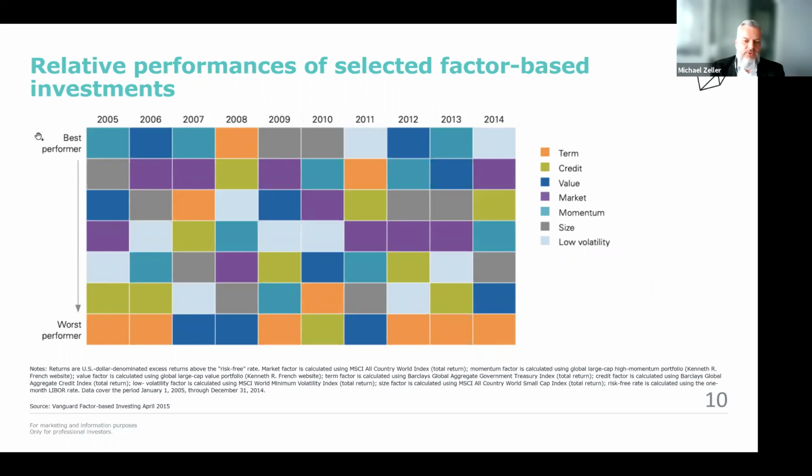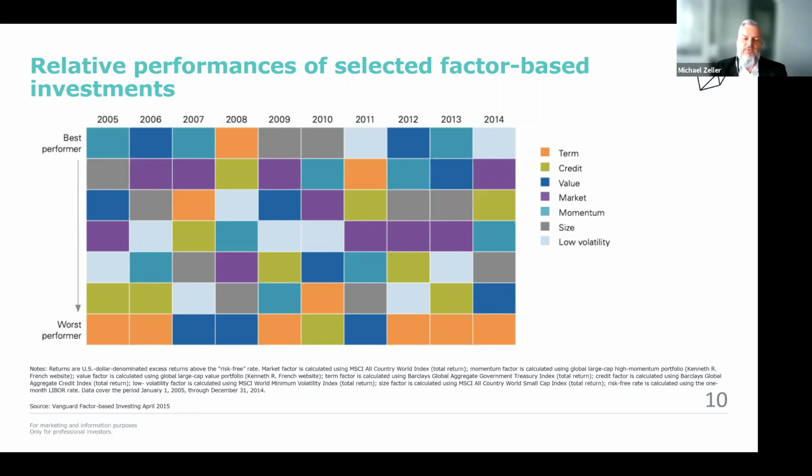Yeah. So on the next slide, you can see a very colorful picture. And what we wanted to show with the picture is that you cannot say that, for example, size is always the best factor in terms of excess return. Each year there will be another winner, and you can see by looking at the colorful picture that this is rotating and changing pretty strongly. So there will always be another winner every year.